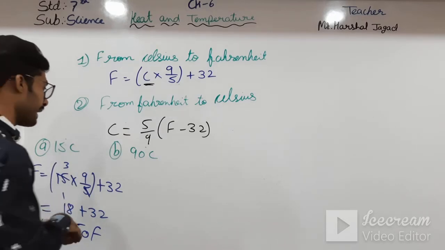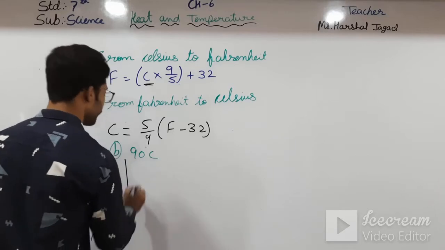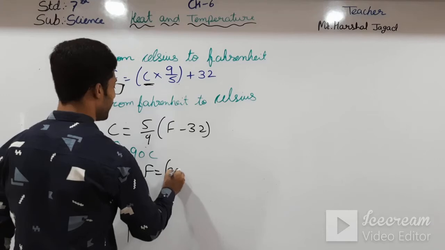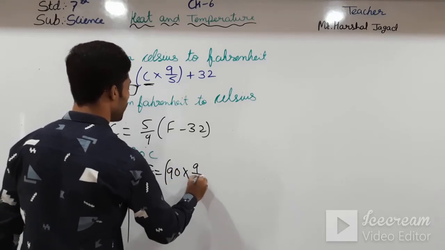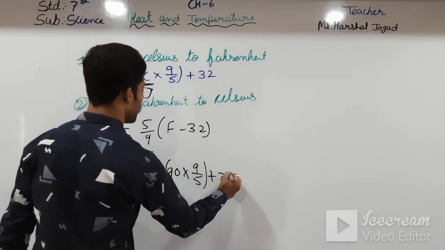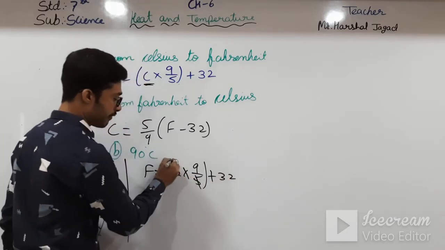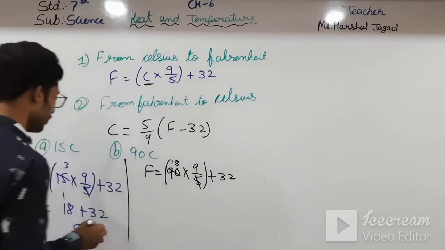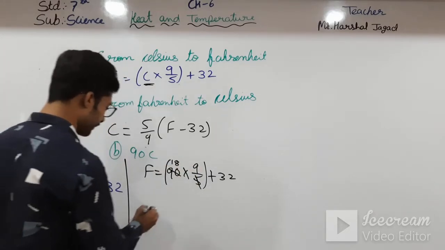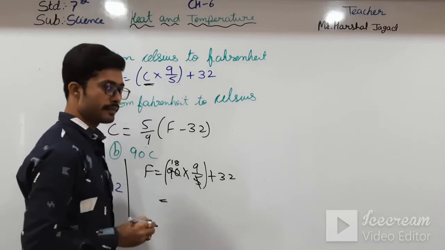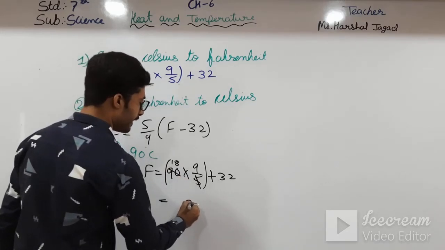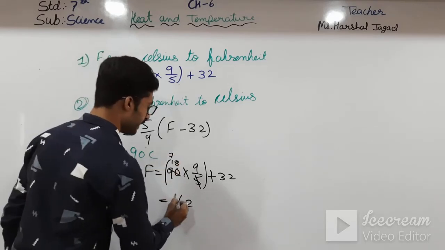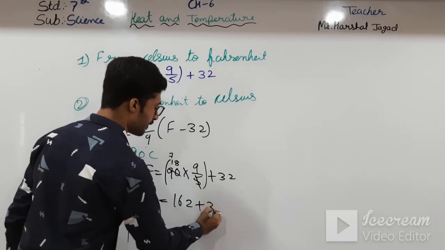Let us see 90 degree Celsius. F is equal to 90 into 9 by 5 plus 32. 5 18s are 90, so 18 into 9, what will be the answer? 8 9s are 72, 9 ones are 9, 9 plus 7 is 16, that is 162, plus 32.